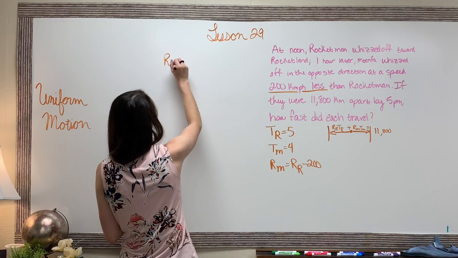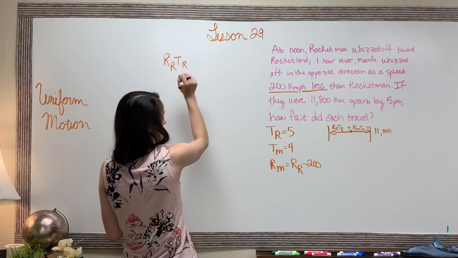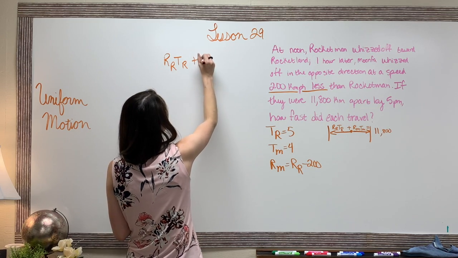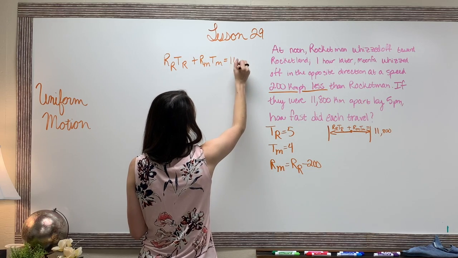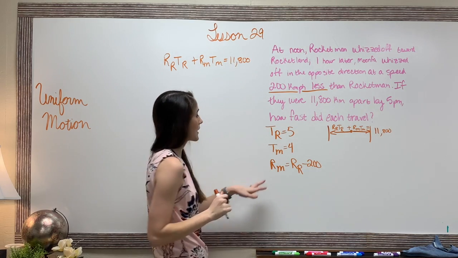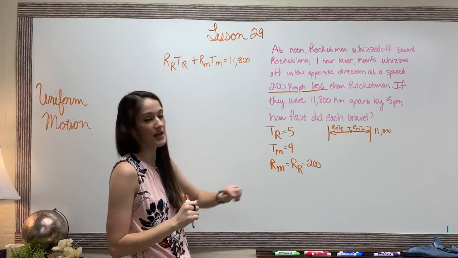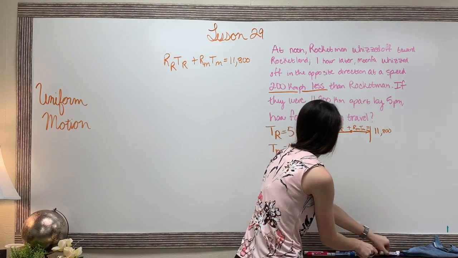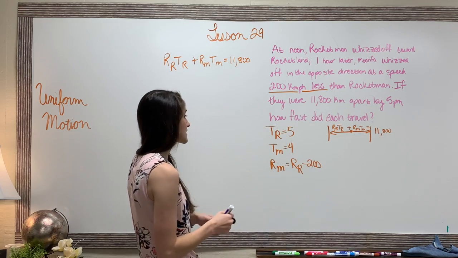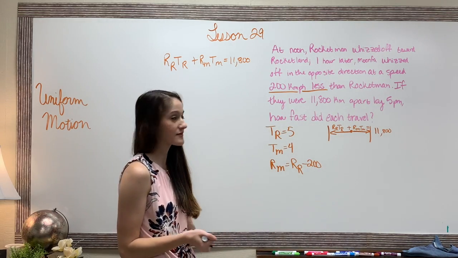We have the rate of Rocket Man, time of Rocket Man, plus the rate of Moonfa, time of Moonfa equals 11,800. And because all 3 of these equations have a variable isolated, we're good to go. So let's start plugging in. We don't know the rate of Rocket Man, so we're gonna have to leave that as is.